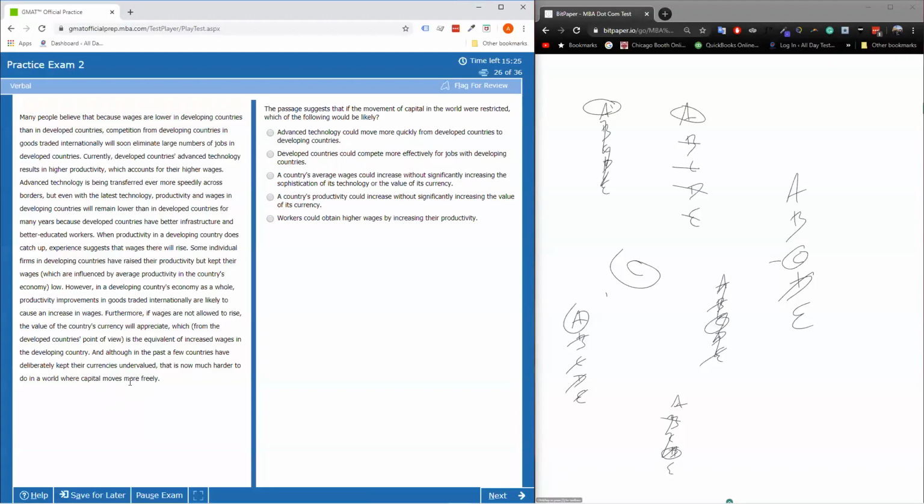The country's average wages could increase without significantly increasing the sophistication of its technology or the value of its currency. So capital moves freely, they can't keep their currency undervalued.